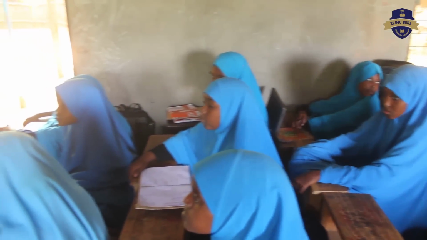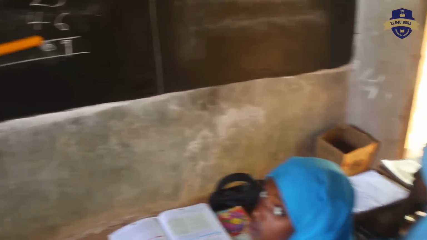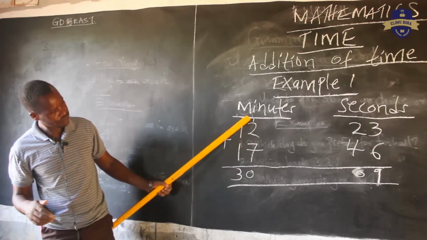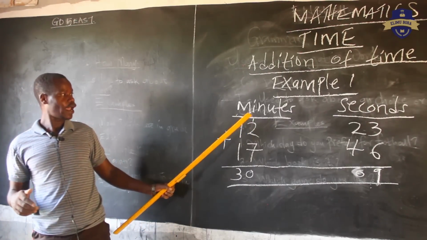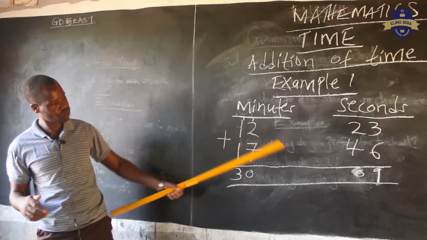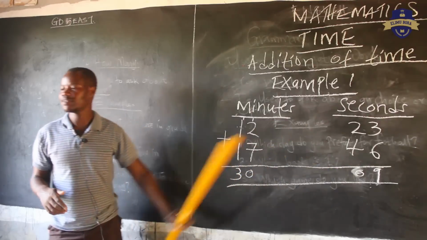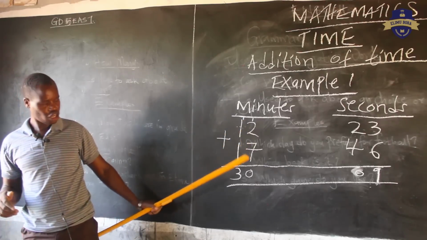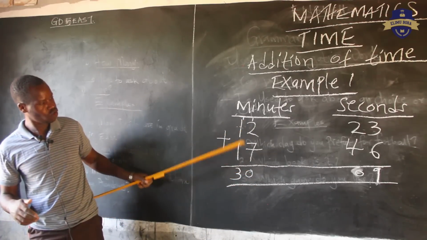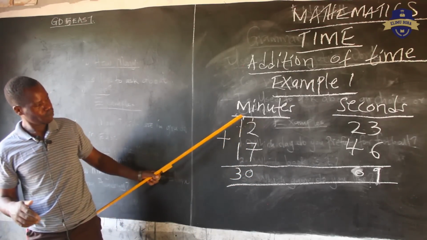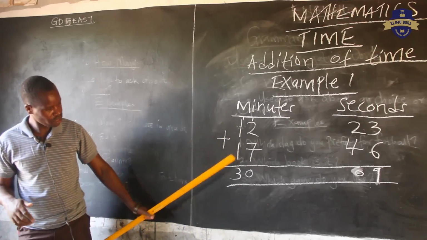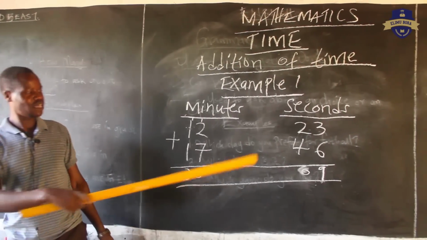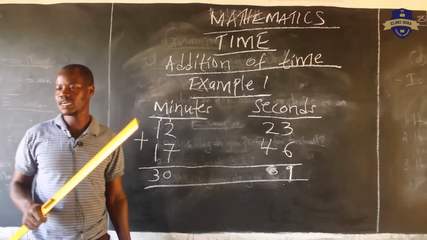You take that 1 minute to the side of minutes and add 2 plus 1 with the 1 minute we carried from the seconds. We get 3, and then 3 plus 7 is 10. Then you write 0, you carry 1, and 1 plus 1 is 2, plus 1 you get 3. So here we have 30 minutes and 9 seconds.